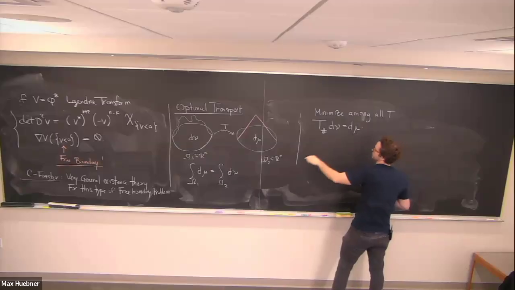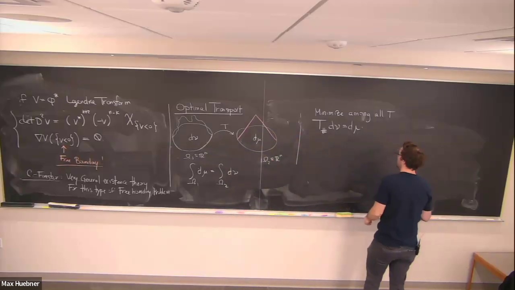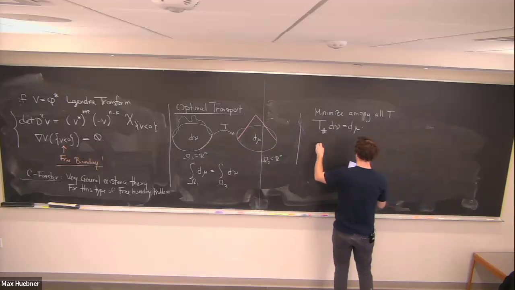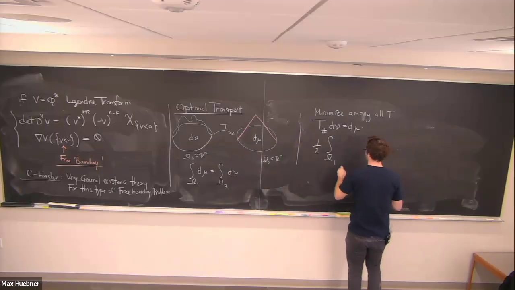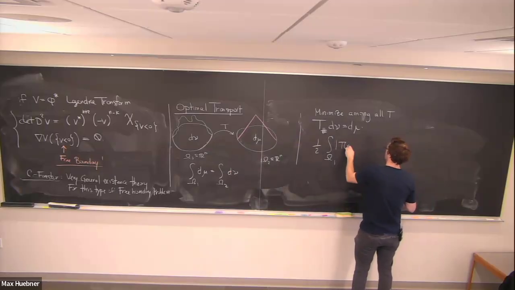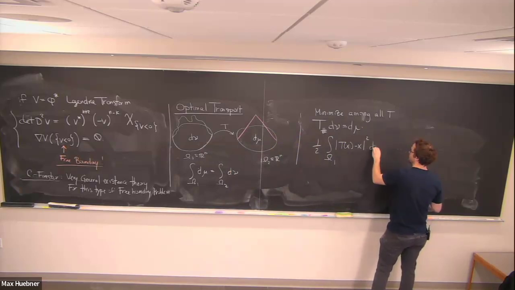So that means they transport this pile to this pyramid, and you want to minimize the cost, which is, say, 1/2 integral over omega 1 of t of x minus x squared d nu.